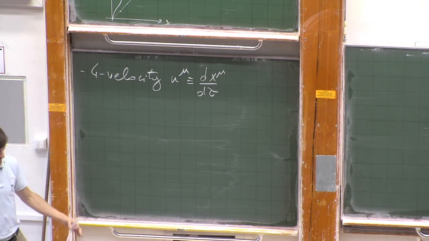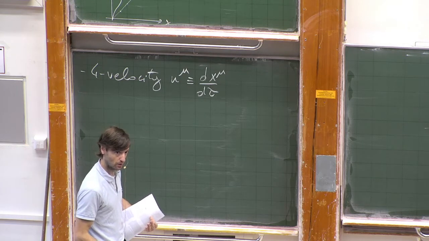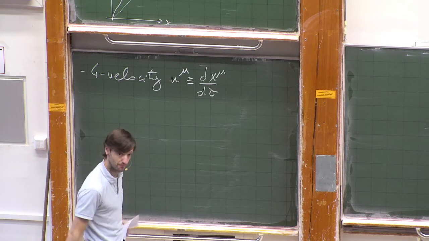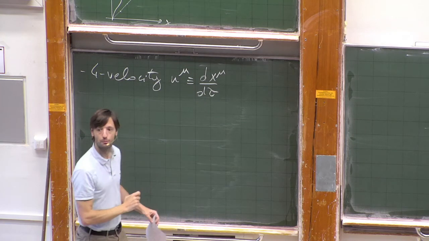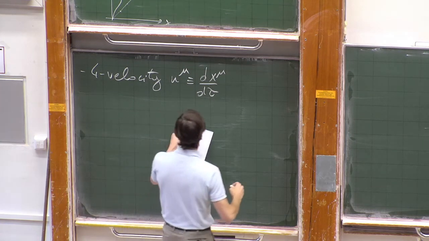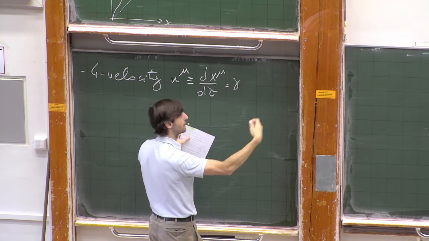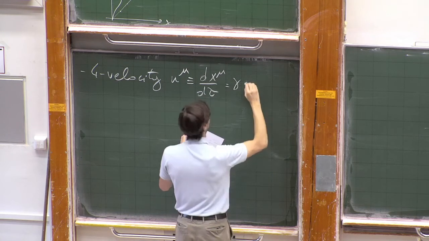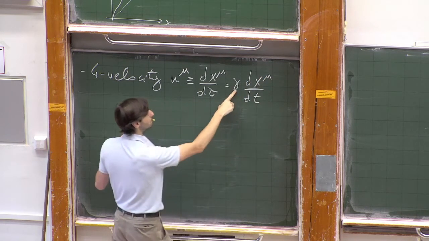If you wish, it is the velocity with which a particle is seeing the frame passing under its feet in intervals of proper time tau. And if we now link it to the frame, not of the particle, but of somebody else, then it would be dx^μ over dt multiplied by gamma.